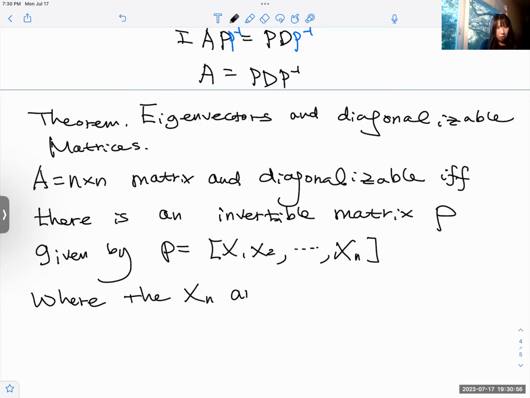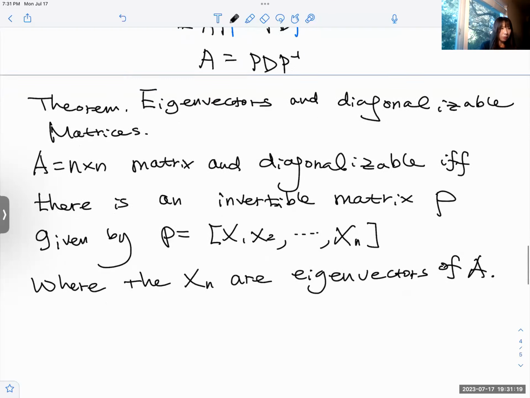The x sub n are eigenvectors of A, right? How do you find eigenvectors? We need to have eigenvalues, right? So we are using the form lambda I minus A, and x to find the eigenvectors, right?